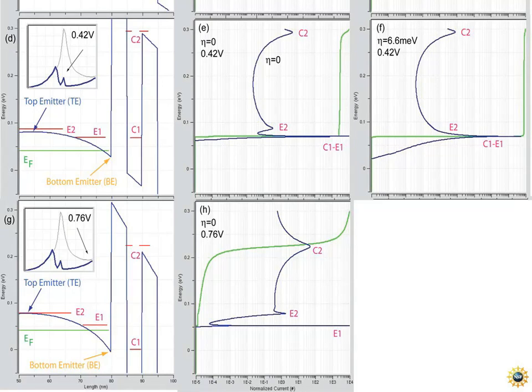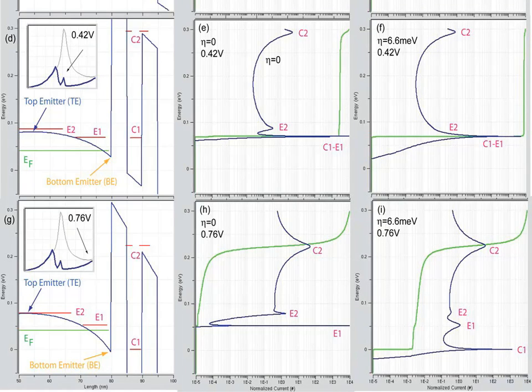It is under E1, and E1 was very sharp, so it has a very sharp resonance here, but there's no current flowing through that resonance. And then E2 has a broader resonance, but there's a little bit of current because this green line has a little bit of a slope. But really all the current is flowing through C2. Right? So for this dark, thicker line, all the current is flowing through C2.